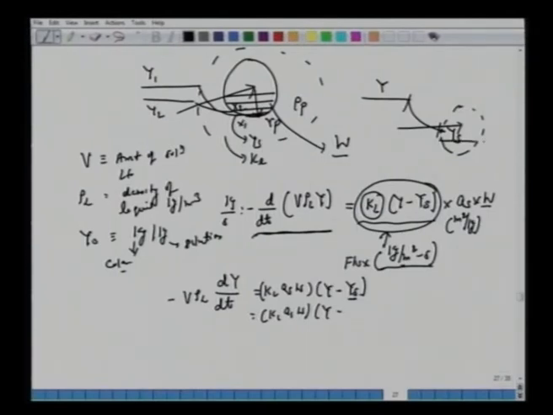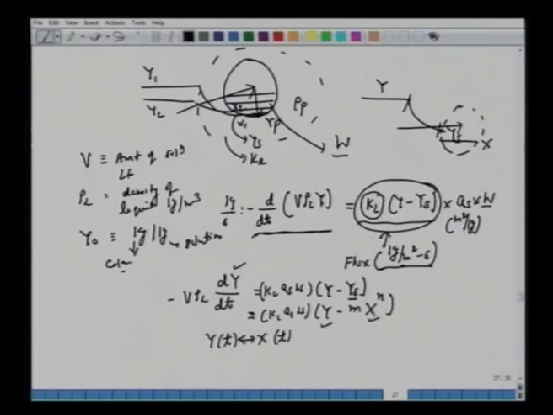So we have, let's say, this X here. So Y equal to, we can write, M X to the power N. Okay. So now we have Y and X. So one equation, but both Y is a function of time and X, the solid phase concentration, is also a function of time here. So one has to eliminate this.